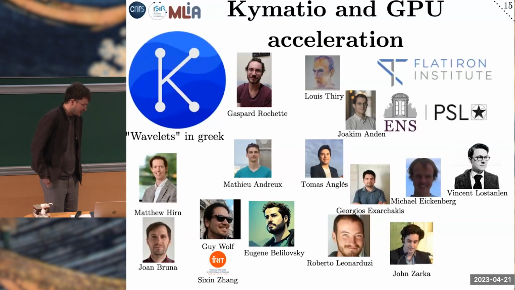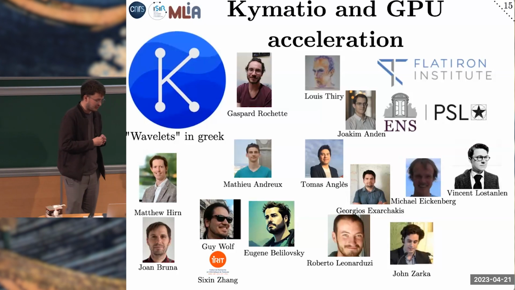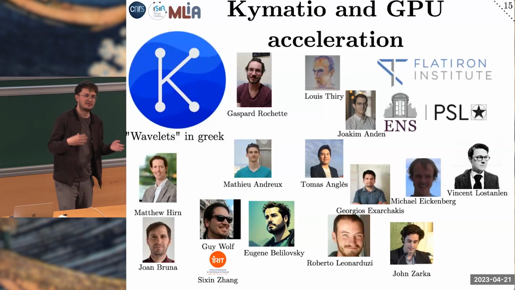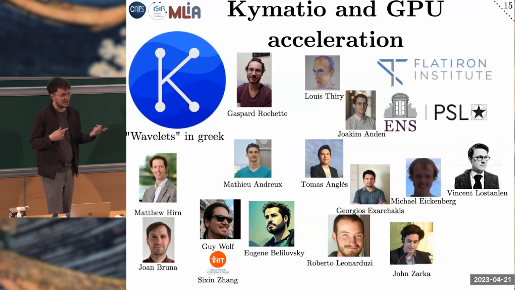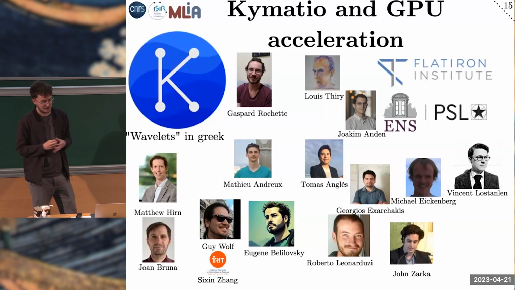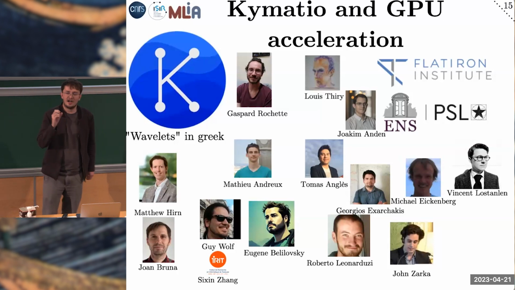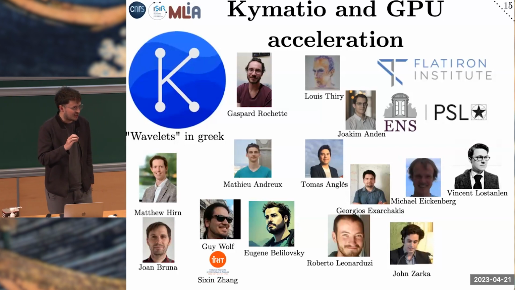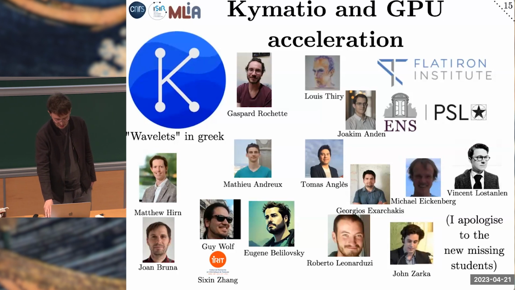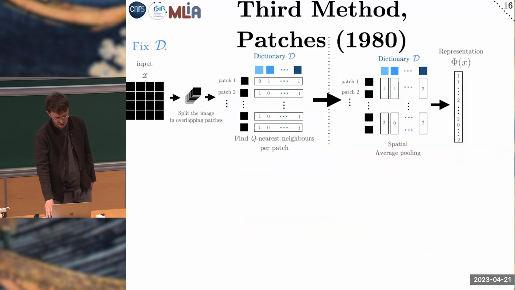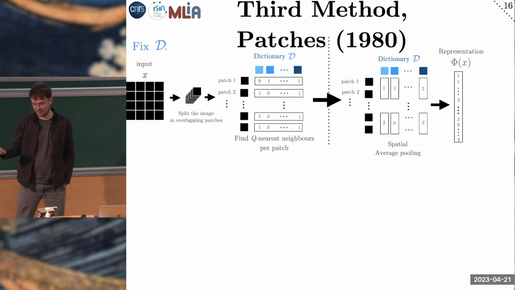All right. So at this stage, we have two baselines, one which is well motivated from a mathematical point of view, the scattering transform, and another baseline which is deep learning related. I'm going to go to something which is even more provocative. What about going simply into patches?